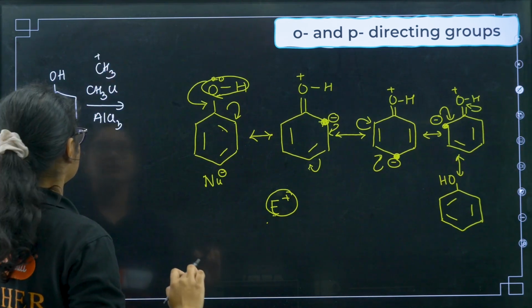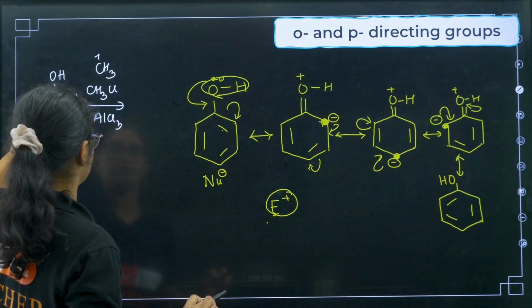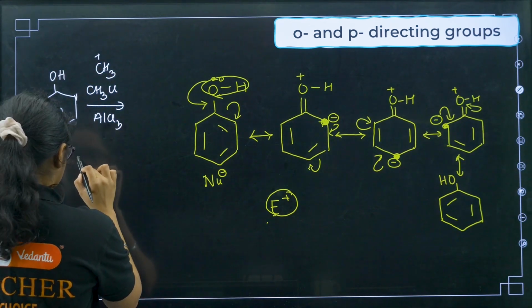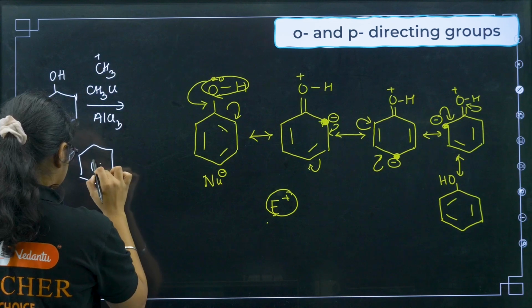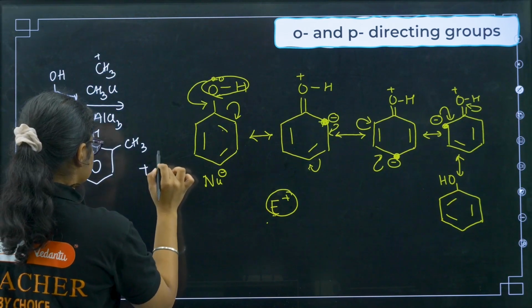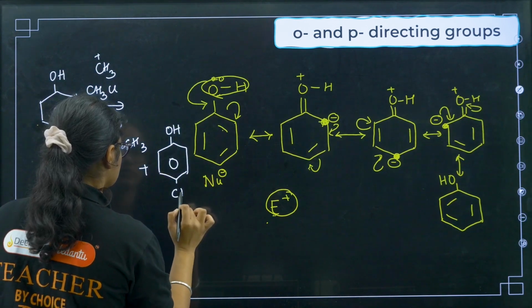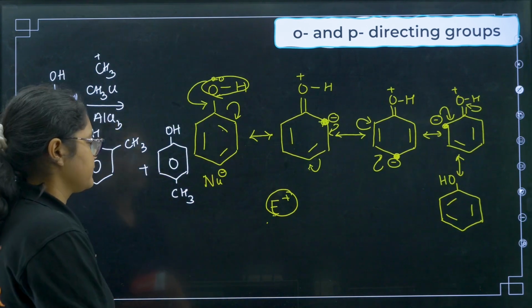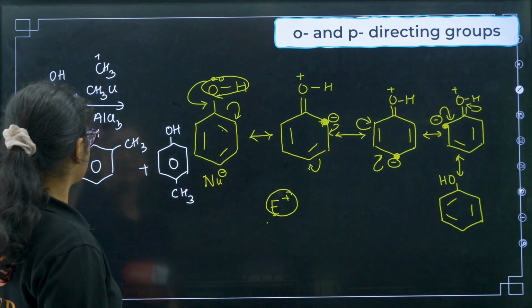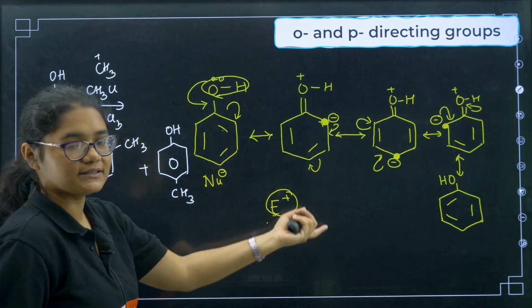So now what will happen, because it is ortho para directing, this CH3 group will go to ortho position and para position, and we will get two products like this, OH CH3, plus OH CH3. So you can see that CH3 is not going to the meta position. Why? Because the electron density is not there.